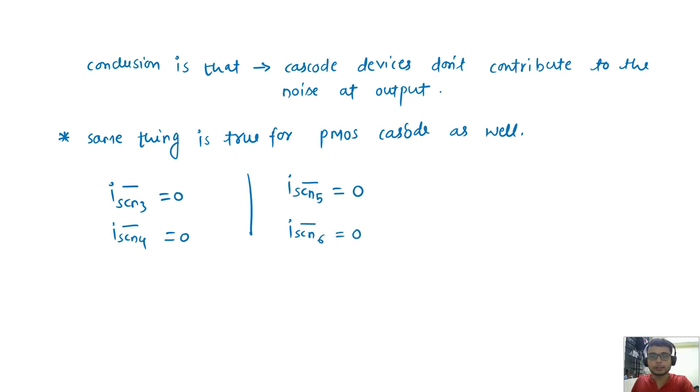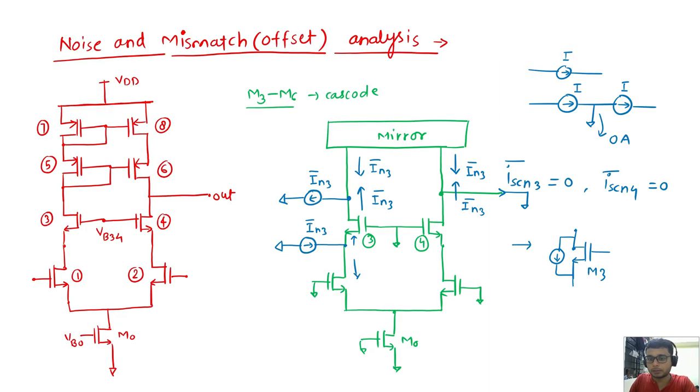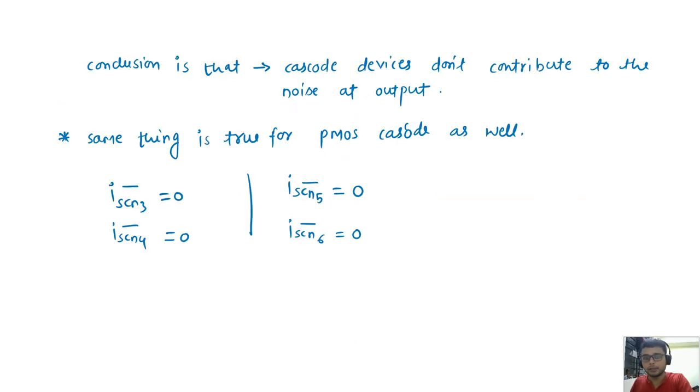Now if I extend the same concept to the offset, if I consider any cascode device and want to calculate the effect of offset, I am taking just this M3, M4 pair.